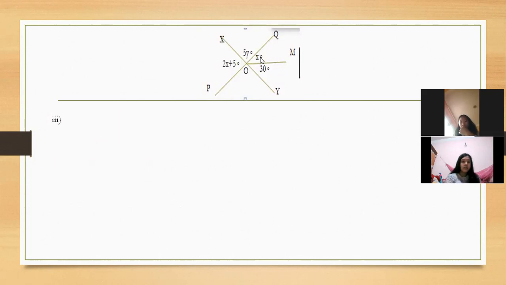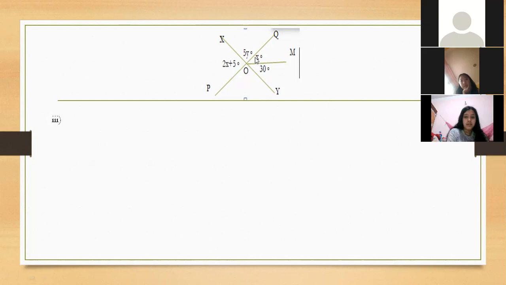Then this x plus 30 degree is vertically opposite to 2x plus 5, or not? Simrika? Yes, sir. When we add x and 30, x plus 30 will be vertically opposite to 2x plus 5.